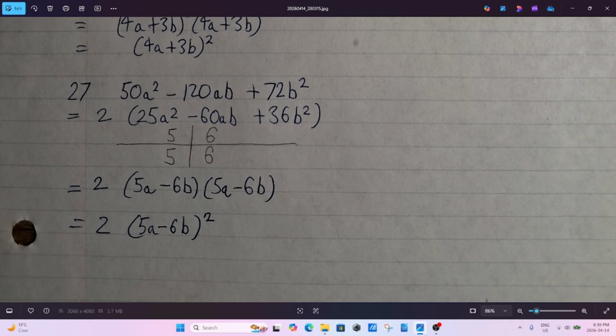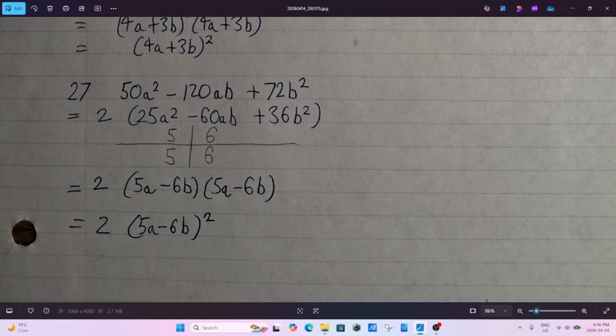And then what happens is 5 times 6 is 30, and 5 times 6 is also 30. And then you double that and it becomes 60. Okay.